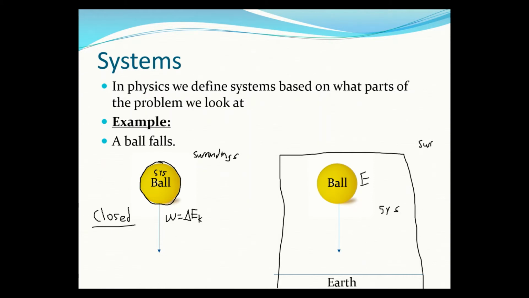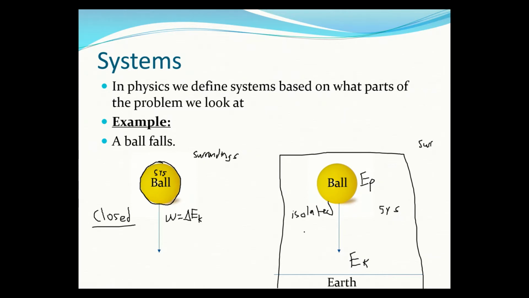So now we know that the ball has potential energy here, and as it falls, it gains kinetic energy. So energy isn't really being added or removed, it's just being changed. It's changing from potential to kinetic as it falls, right? So this is an isolated system if we look at it like this.